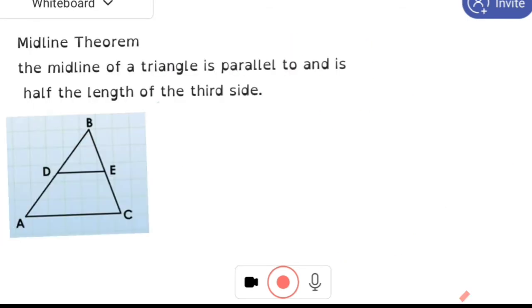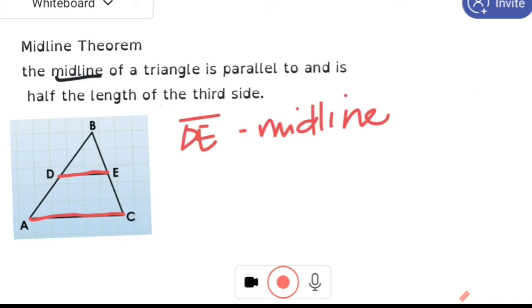Let us first find the midline, the one that is parallel to the third side, which is AC. So our midline is segment DE. It is half the length of the third side.